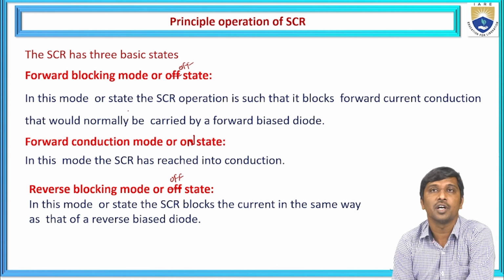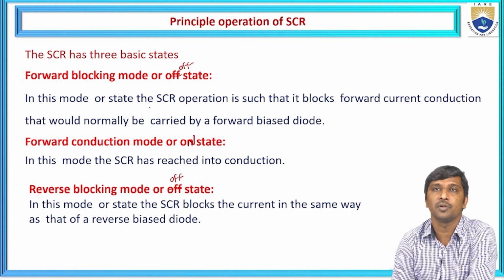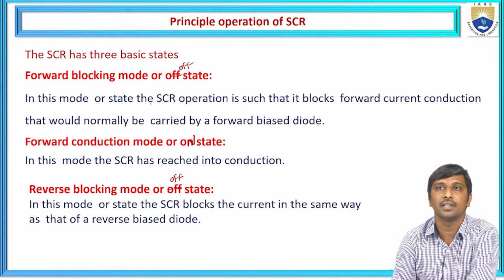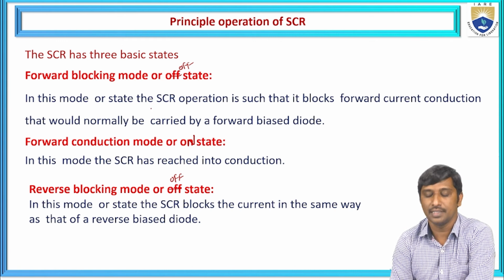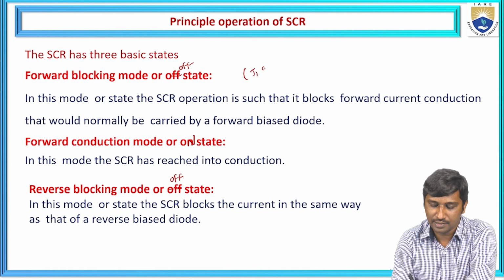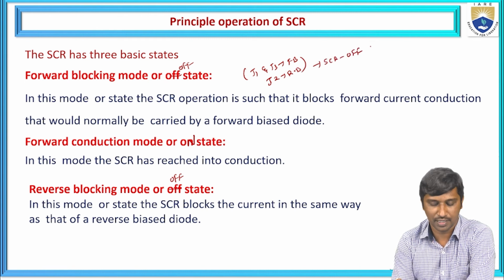So how do we observe the forward blocking mode? In the forward blocking mode, the gate is open, the anode is biased with a positive pole and the cathode with a negative pole. Under this condition, J1 and J3 are forward biased and J2 is reverse biased. Hence the SCR acts as in the off state.